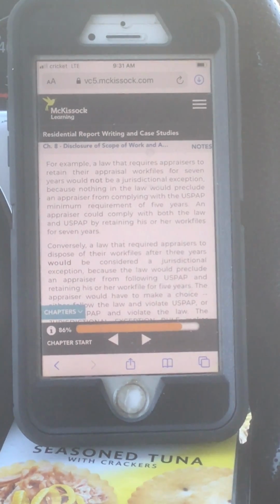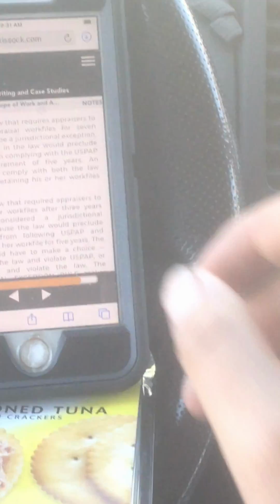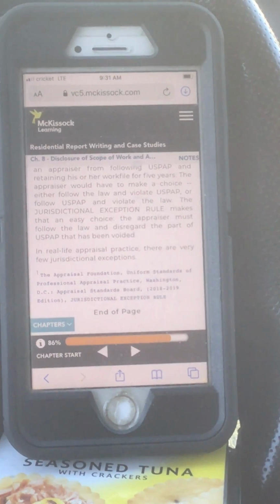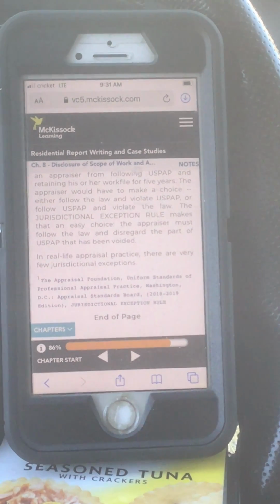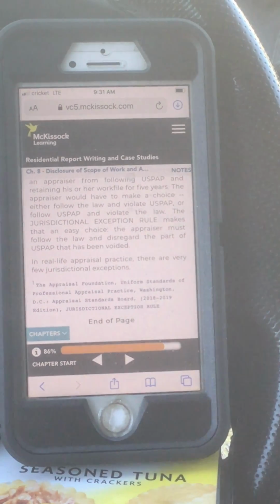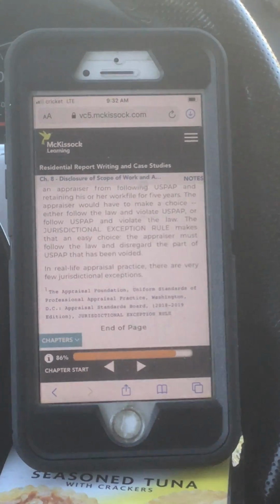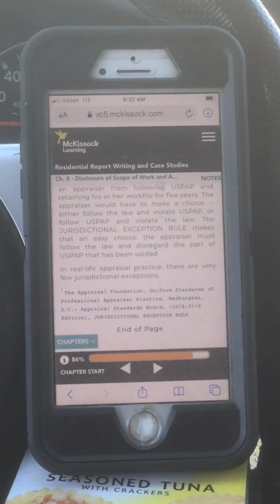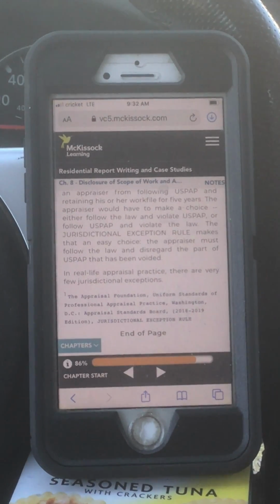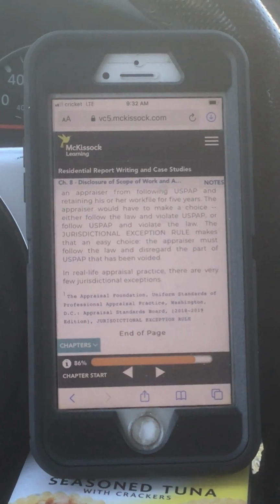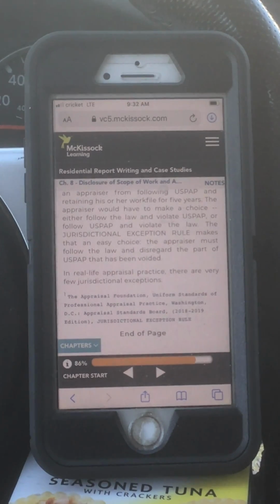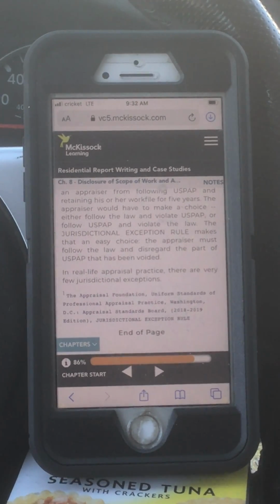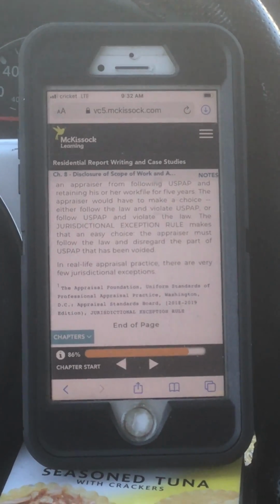The appraiser would have to make a choice: either follow the law or violate USPAP, or follow USPAP and violate the law. The jurisdictional exemption rule makes that an easy choice. The appraiser must follow the law and disregard the part of USPAP that has been voided. In real-life appraisal practice, there are very few jurisdictional exemptions.